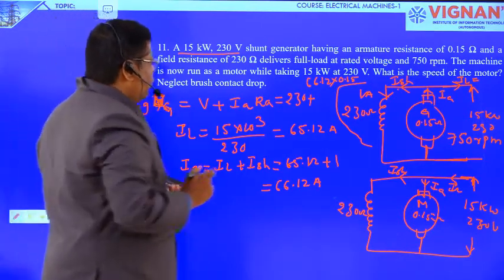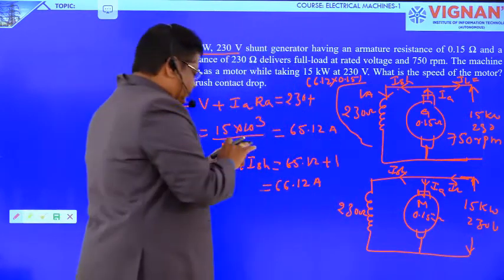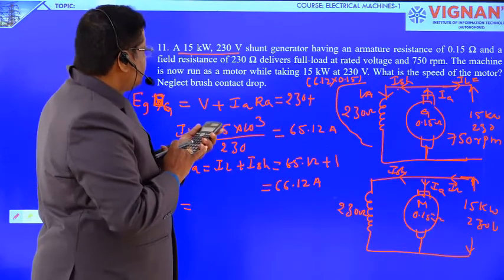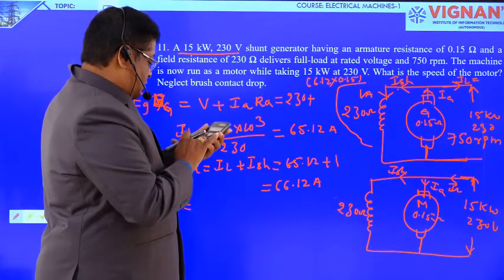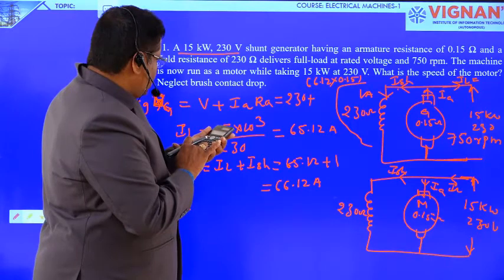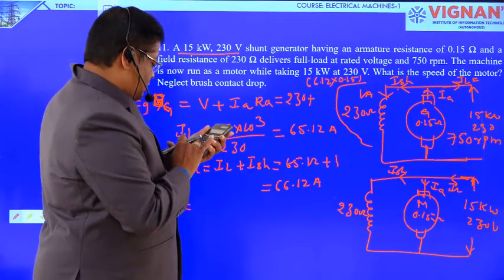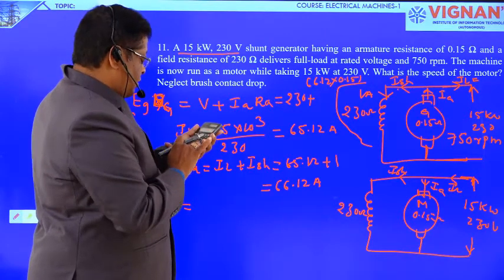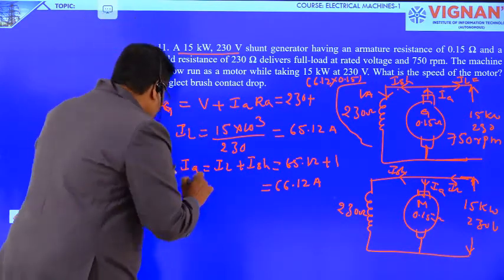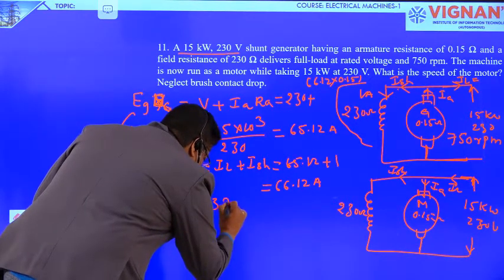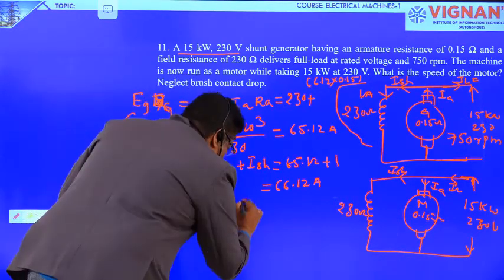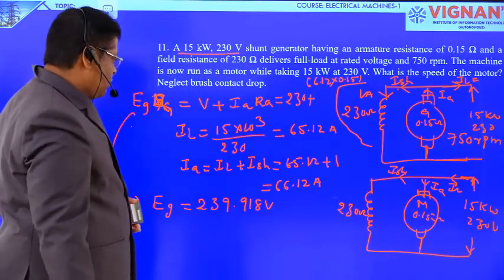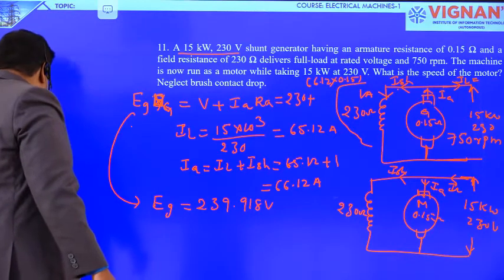EG value, how much you are getting: 230 plus 66.12 into 0.15, you're getting the value as 239.918 volts.